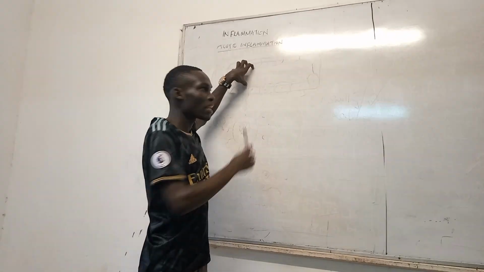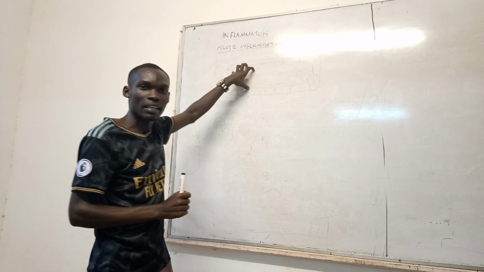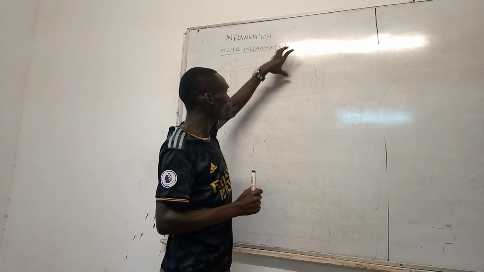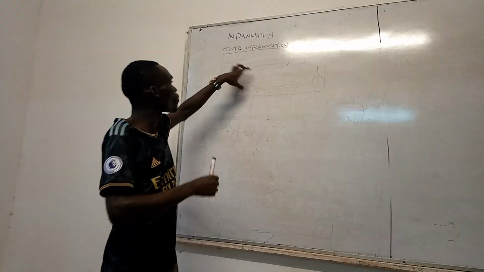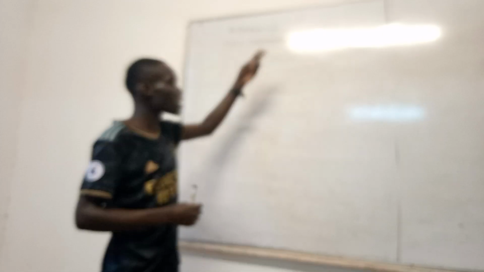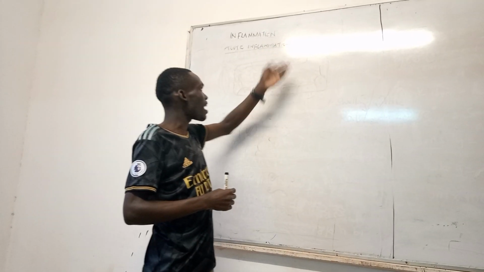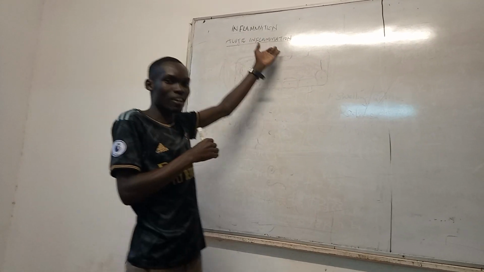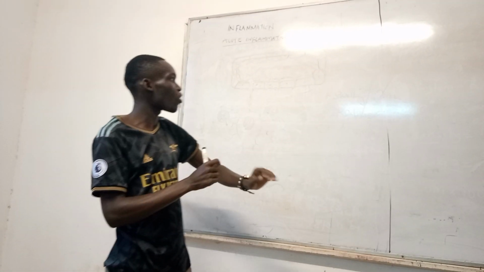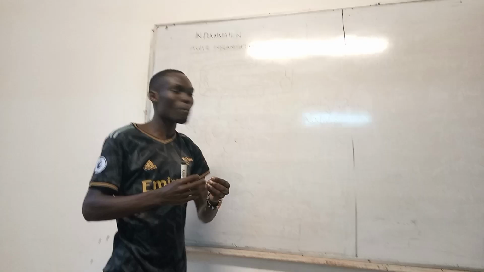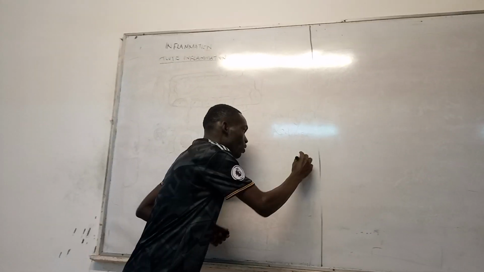When more blood flows through the vasculature, that's when you touch and there is more inflammation. When you touch the damaged surface, you are going to feel some warmth.